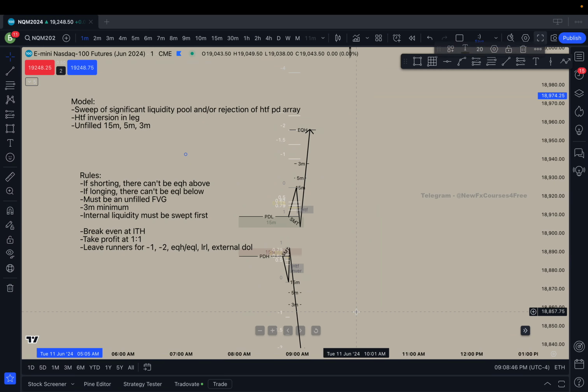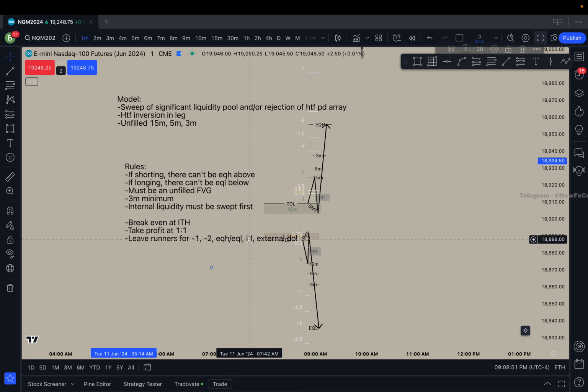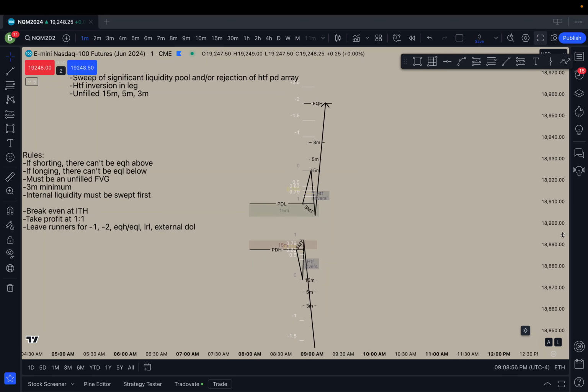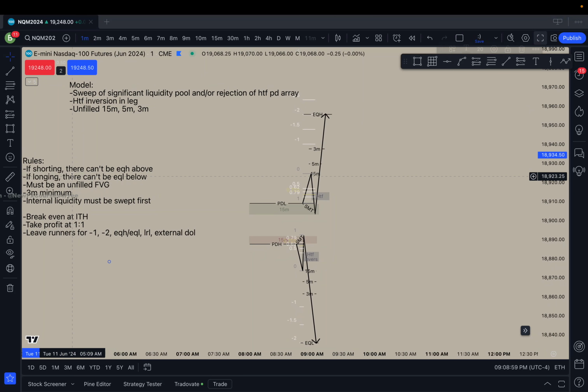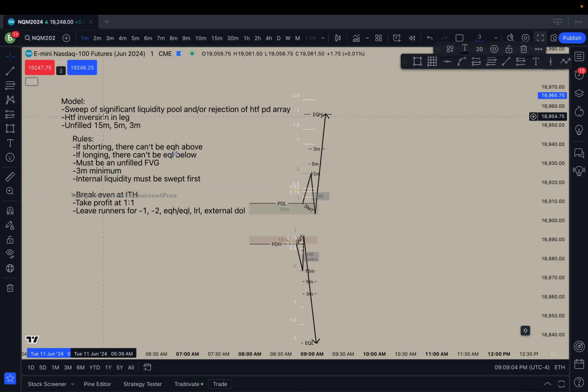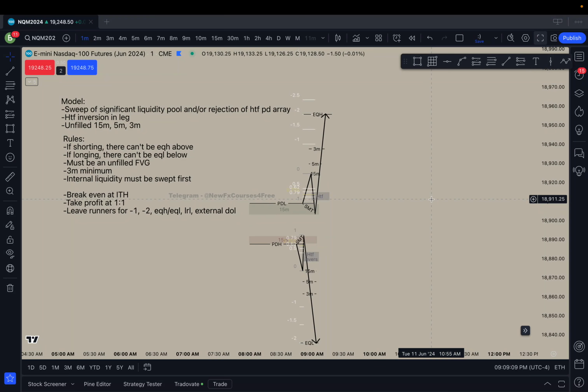It must be an unfilled fair value gap. I'm talking about the targets. It can't be a 5-minute or a 15-minute gap that we already traded to and then rejected. It has to be unfilled. It has to be unmitigated.